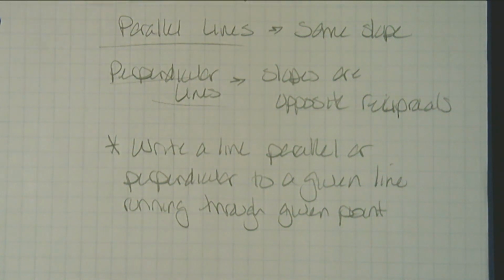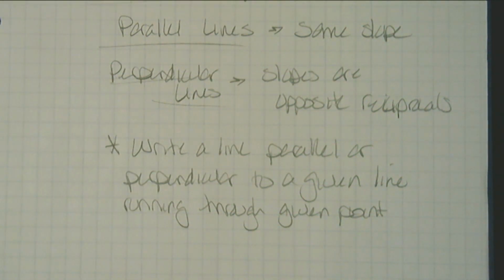You might have to determine on a graph if two lines are perpendicular or parallel. If that's the case, you're just comparing their slopes. For parallel and perpendicular lines, you're just dealing with their slopes.